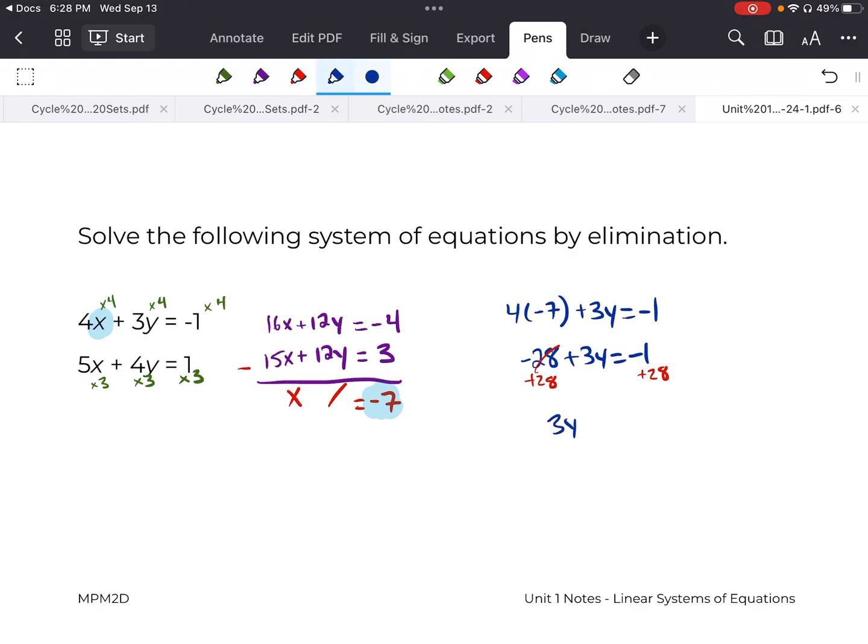And we get 3y equals 27, and then we divide by 3. Y equals 9. Okay, so for this equation, the point of intersection is negative 7 and positive 9.